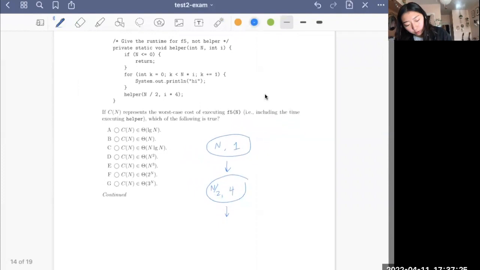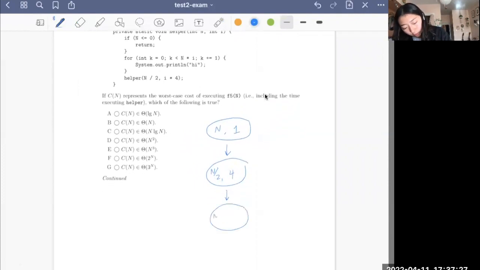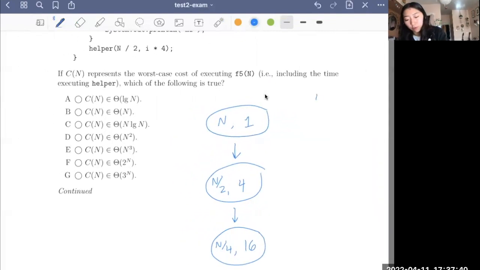And this leads to a recursive call with n over 4 and 16. And so again, i is getting multiplied by 4 every single time. Or in other words, if we multiply by 4 repeatedly, that's just going to be 4 to some power. And the power is the level in the recursive tree we're at, or the height, right?